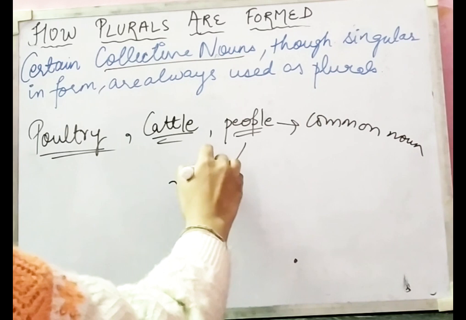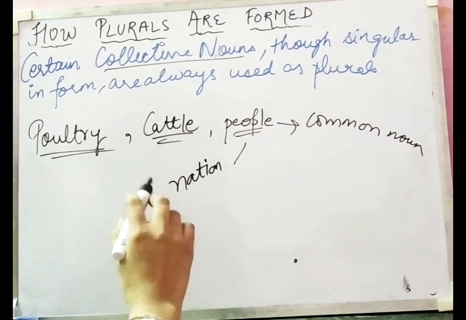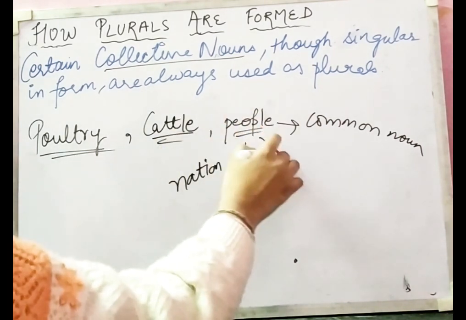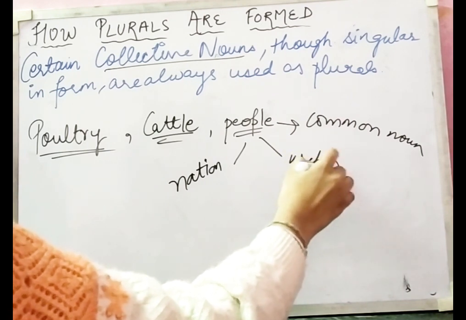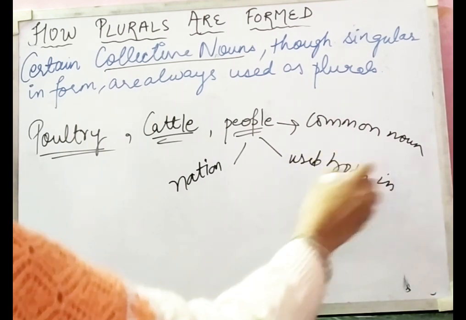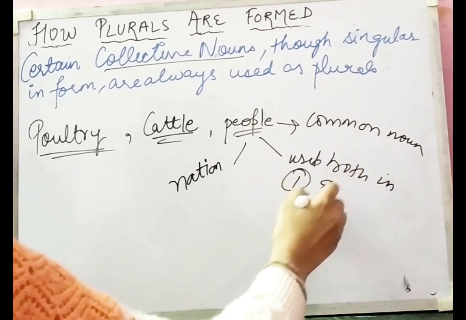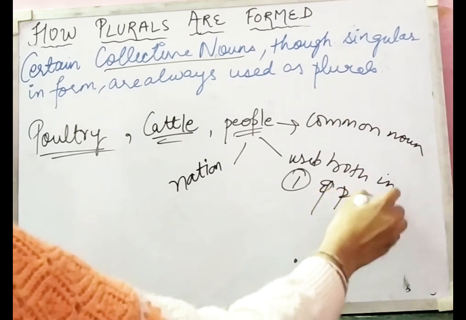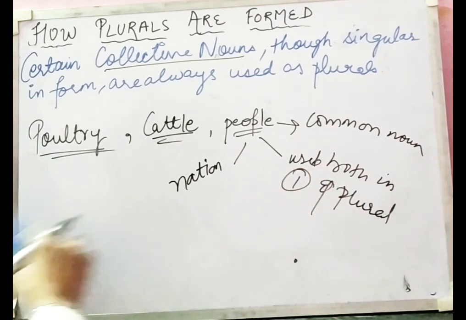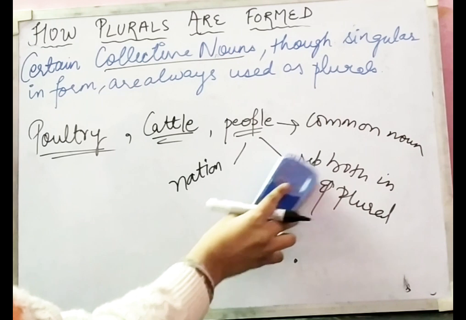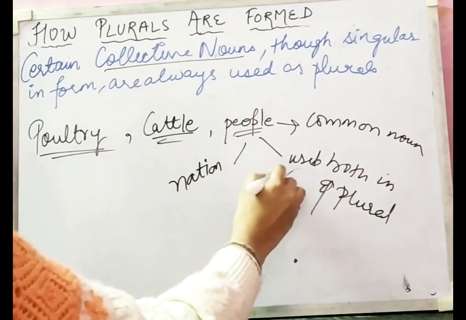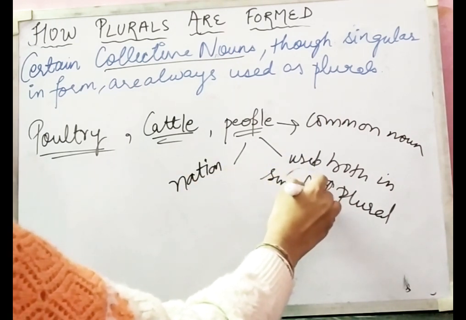Means nation and is used both in singular and plural. Let me write singular only. One you will not be able to understand what is one. Means singular and plural.